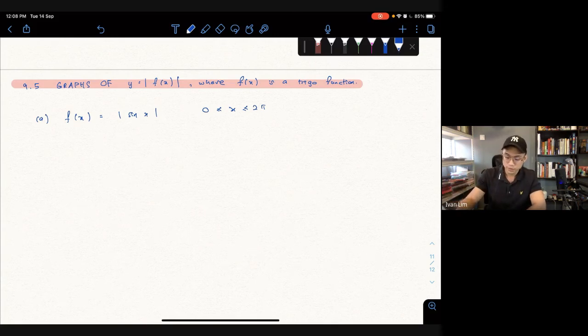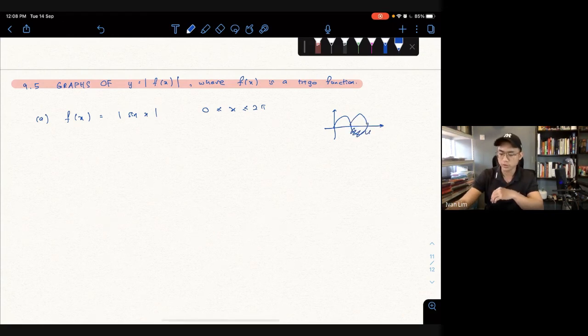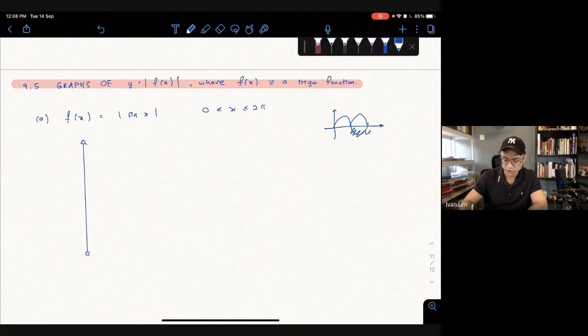So you sketch it out, your original one is like this. For modulus, whatever is negative will go to positive. So your down part here will be gone, then you'll go up here. It's like your McDonald's, an M shape. Oh wait, actually this example has the original one: you see the dotted line, that's your original graph.